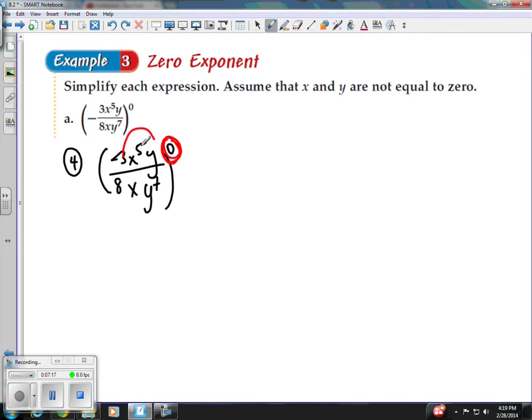So everything in here gets to go to the 0 power. And because everything inside this parenthesis goes to 0 power, everything in the whole parentheses reduces down to just 1, because the whole parentheses is raised to the 0 power. So those are some of my favorite problems, because if you see a big parenthesis, and it's all raised to the 0 power, you know it's automatically just going to be 1.